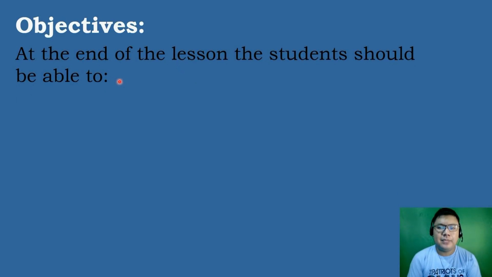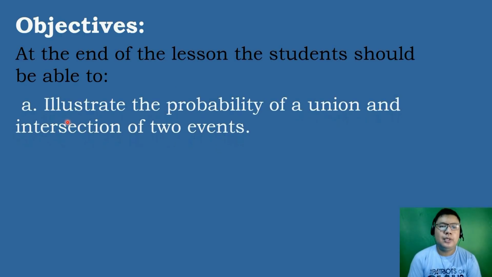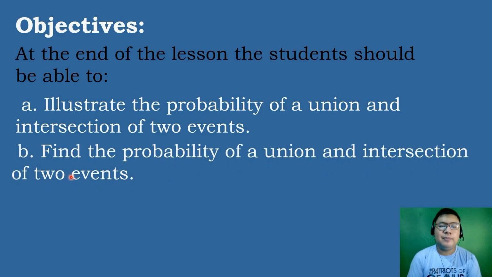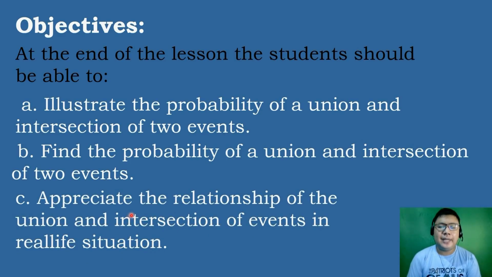At the end of the lesson, the students should be able to: Letter A. Illustrate the probability of a union and intersection of two events. Letter B. Find the probability of a union and intersection of two events. And letter C. Appreciate the relationship of the union and intersection of events in real-life situations.